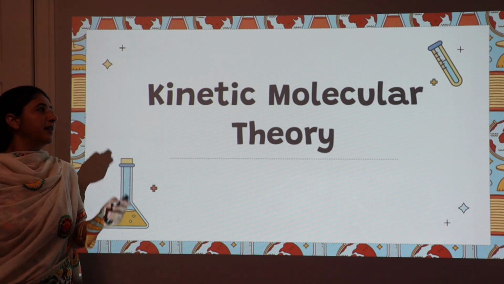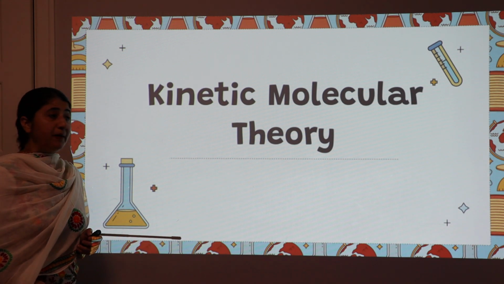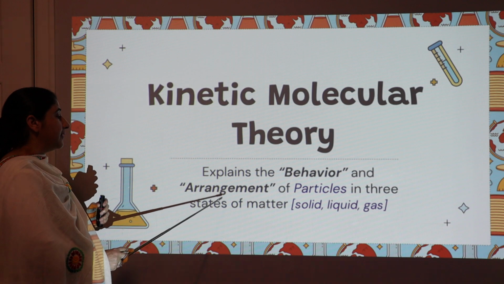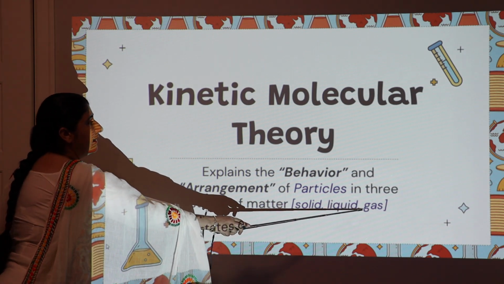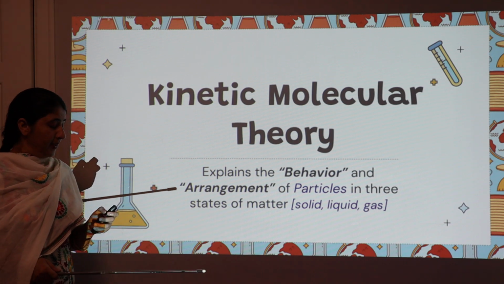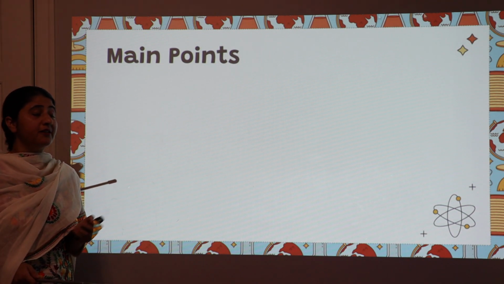So let's start with another topic, kinetic molecular theory, which explains the behavior and arrangement of particles in the three states of matter, that is solid, liquid and gas. So what is the kinetic theory of gases? We have a few main points related to this theory.